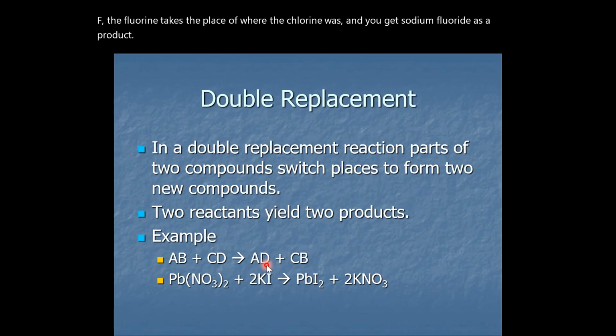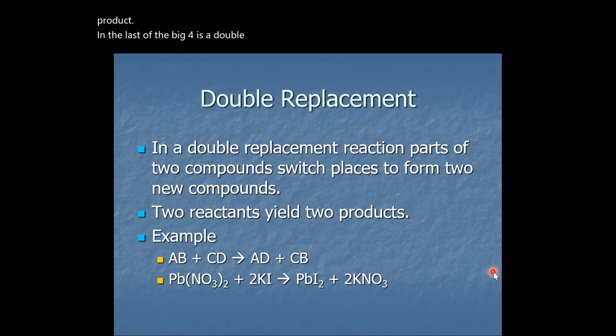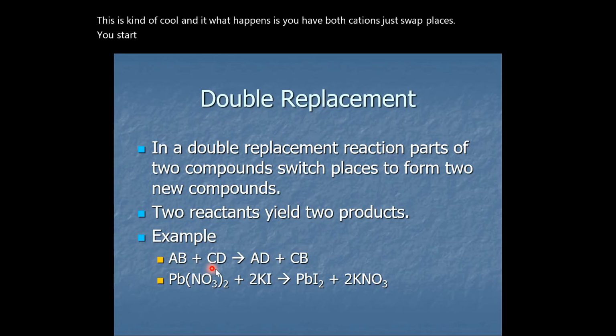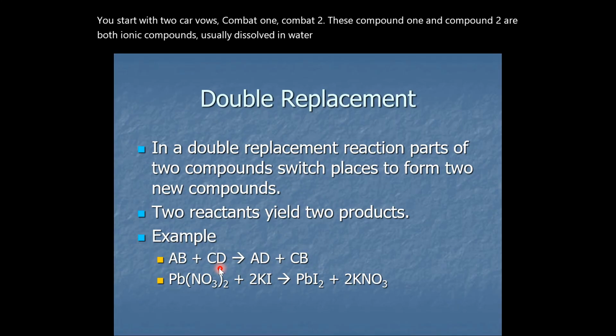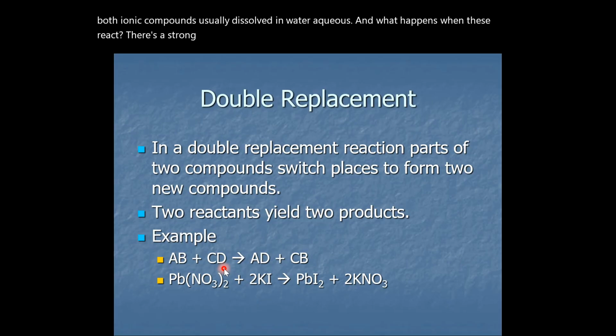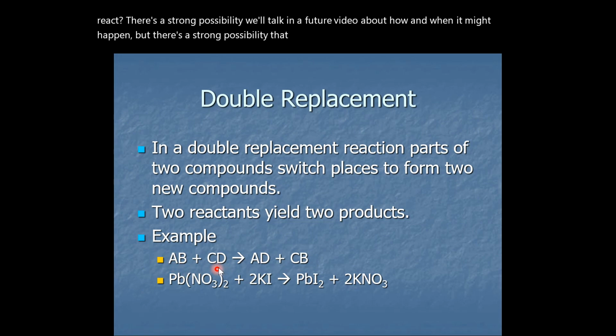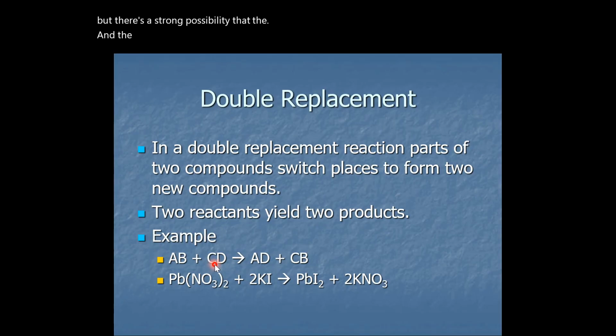And the last of the big four is a double replacement. This is kind of cool in that both cations just swap places. You start with two compounds, compound 1 and compound 2. Both are ionic compounds, usually dissolved in water, aqueous. When these react, there's a strong possibility, and we'll talk in a future video about how and when it might happen, that the A and the C will simply switch places.